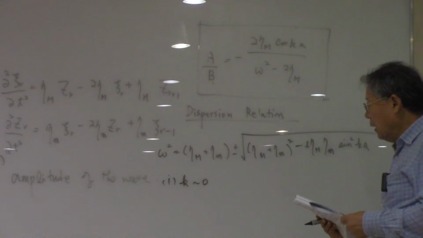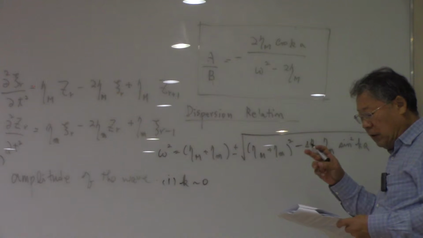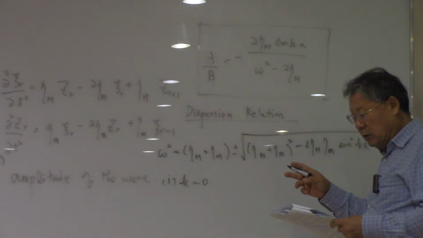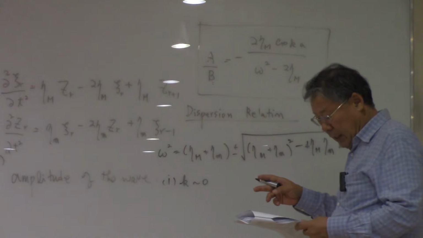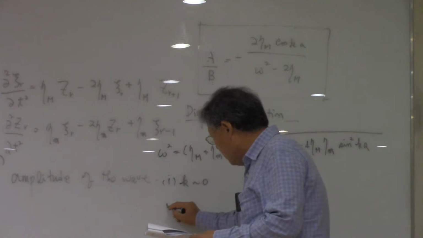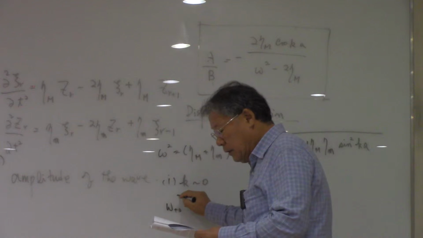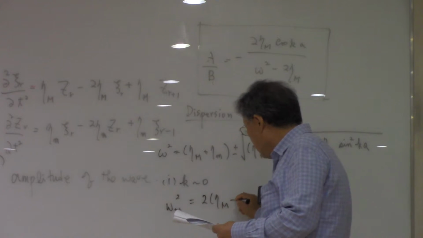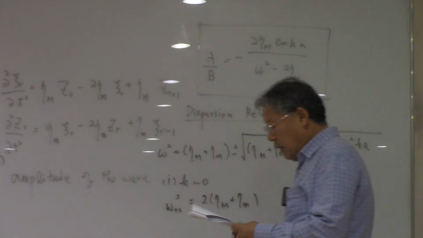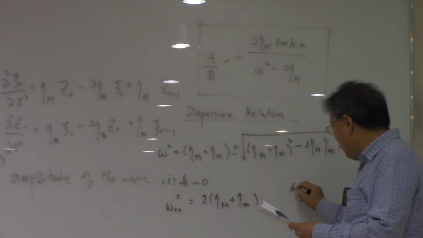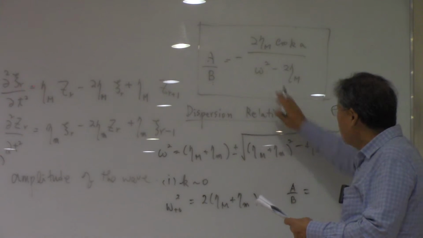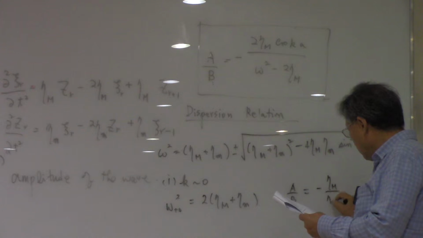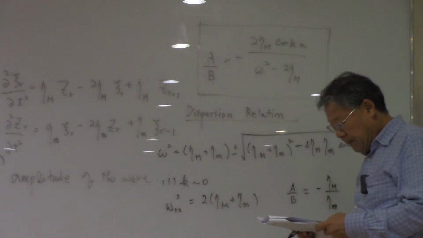when you have extreme cases. When K is equal to 0, you're going to have two solutions. Okay? You're going to have a plus solution and a minus solution. And the plus case, you end up with 2 eta m plus small eta m. And then the amplitude ratio coming from here is going to be minus eta m over eta small m. All right?